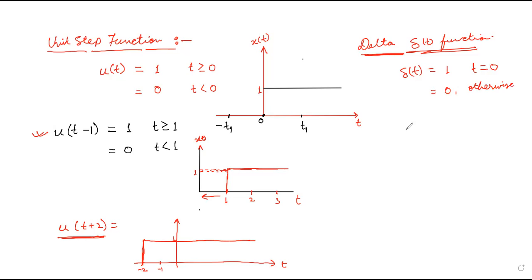So here how we can draw this signal: if this is t, then x(t) equals delta t here, and everywhere else x(t) is equal to 0.